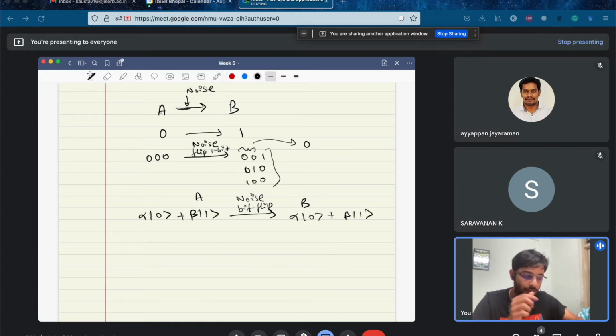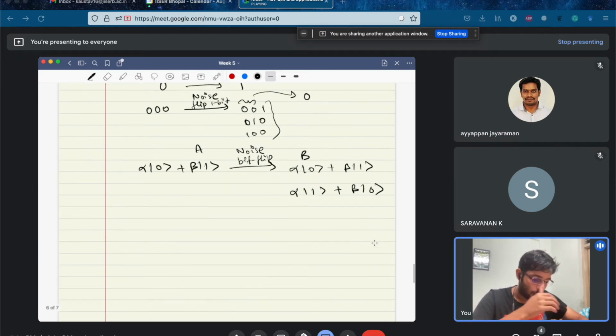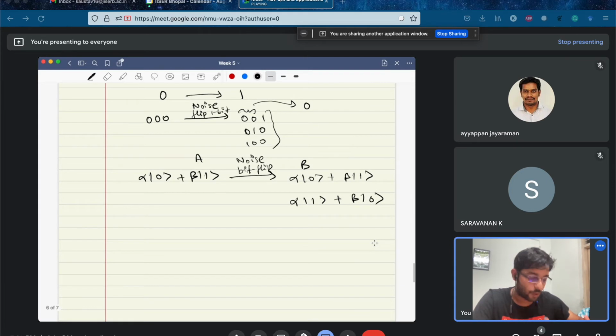If there is a bit flip, B will actually get alpha 1 and beta 0, which might look similar on paper, but in practice this is an entirely different piece of information. This makes no sense to B. Okay, so whatever A tried to convey to B was actually completely corrupted. Okay, so how do you deal with quantum error correction?